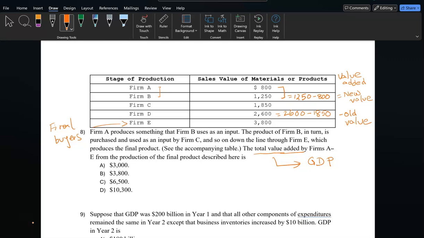Value added by farm A is 800 minus 0. Now, if we do all the math, we are going to get this answer, which is 3800. The second way is just stating that the value added by the farms is 3800. That's the GDP, and that's basically which we will get by adding up all the value added.